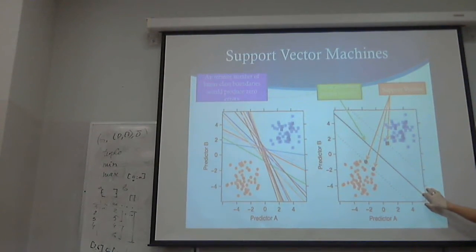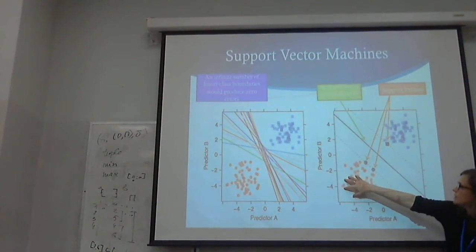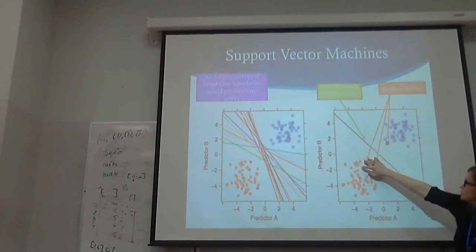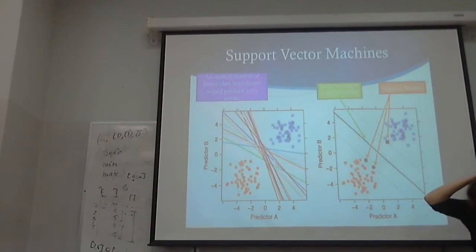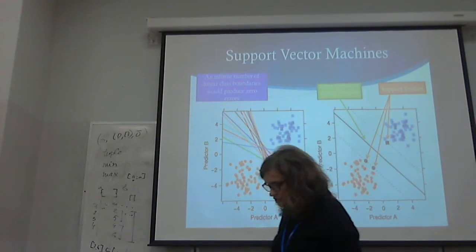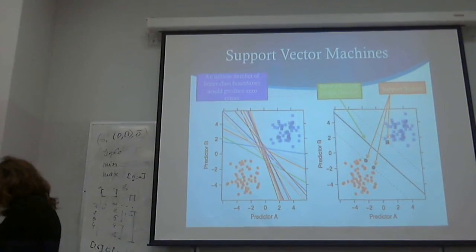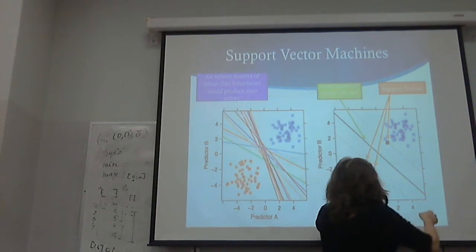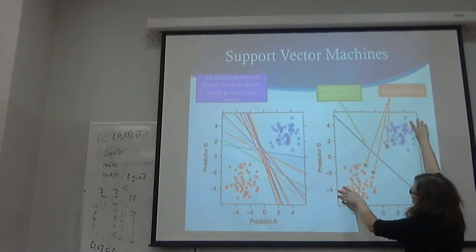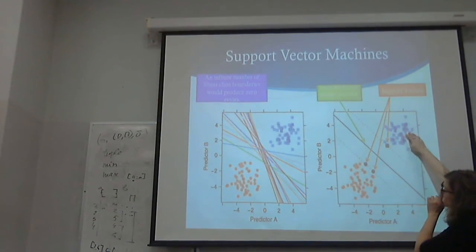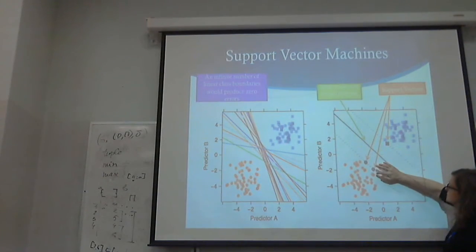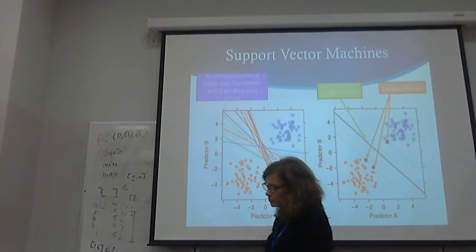We do not take all the data into the modeling. We take only a subset of data that are close to the boundary, that are difficult to discriminate. That's the idea of support vectors. Because these points are obviously easy to classify, they are far away. So this data is just excluded from analysis, and the whole analysis is done on the so-called support vectors.